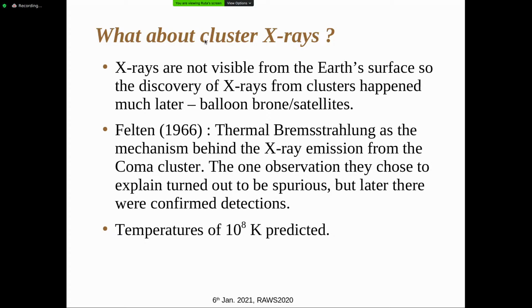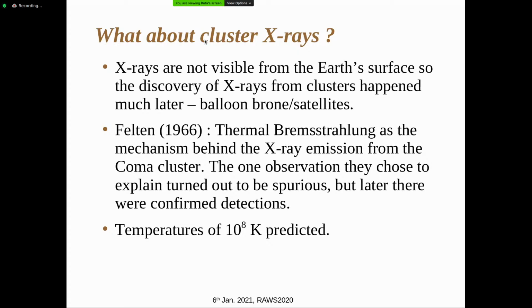Coma has been a big cluster and it is nearby also, so it has been a test bed for many issues regarding galaxy clusters. There was detection of diffuse X-rays from the Coma cluster, and at that time it was not clear what the physical mechanism was.